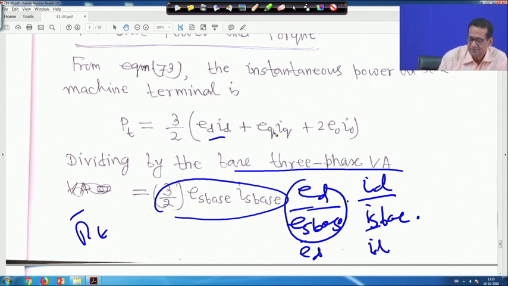Similarly EQ upon ES base is EQ bar and IQ upon IS base is IQ bar. Similarly 2 into E0 upon ES base becomes E0 bar, and I0 upon IS base becomes I0 bar, because we are representing things in per unit.